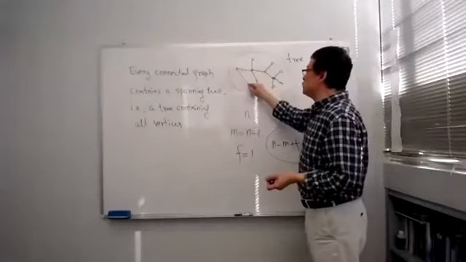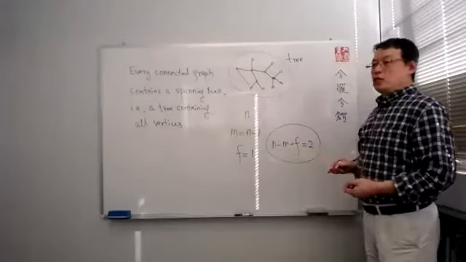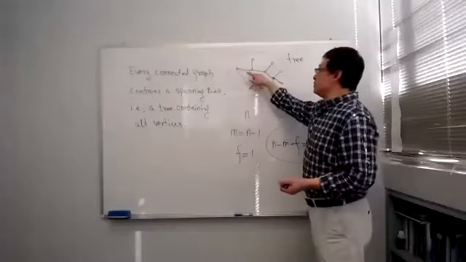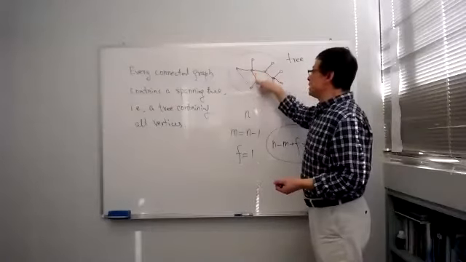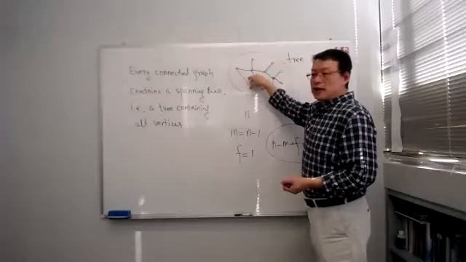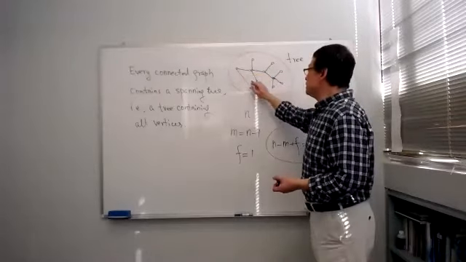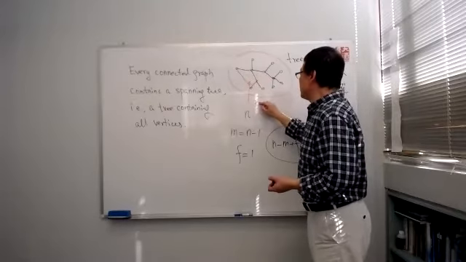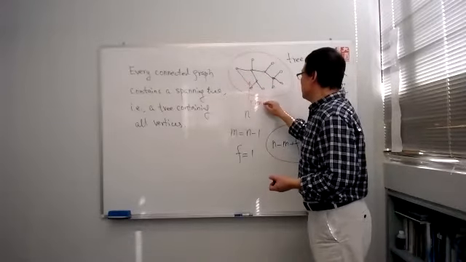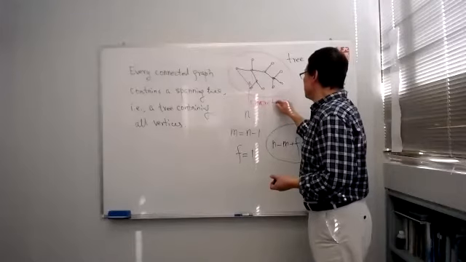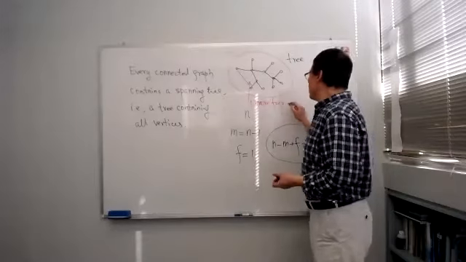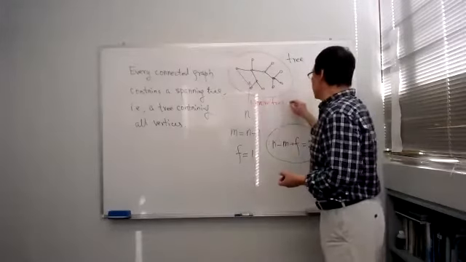So if we add an edge, what we have is we form a cycle. If we add this edge, we form this cycle. This cycle becomes a face in the plane embedding. So you create one more cycle, one more face, with the addition of one edge.